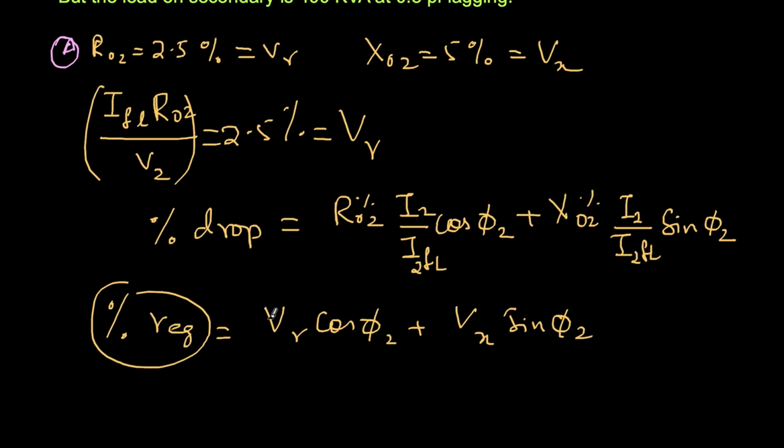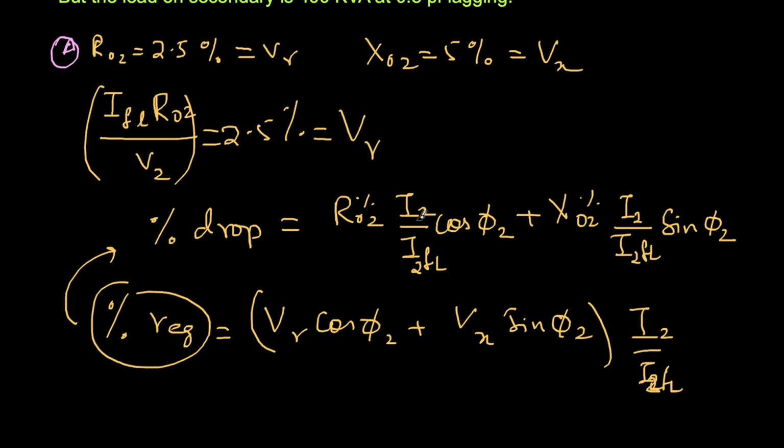So whatever my fraction is, I multiply by that fraction, I2 by I2 full load. If I do this, I can convert the regulation formula into a voltage drop formula at a given fraction. Okay, so far so good.